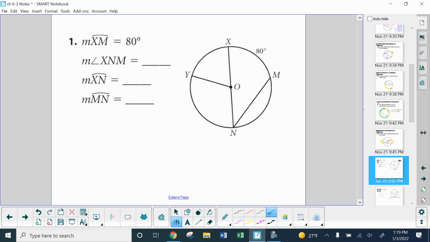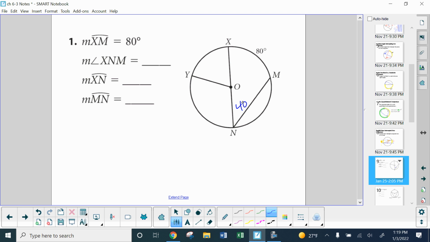All right, so we have an arc here that's 80 degrees. I know we have an inscribed angle at N opening up to 80 degrees, so that angle has to be 40. Has to be half of it. Now I also see I have a diameter. XN is the diameter, which means I have a semicircle on both sides.